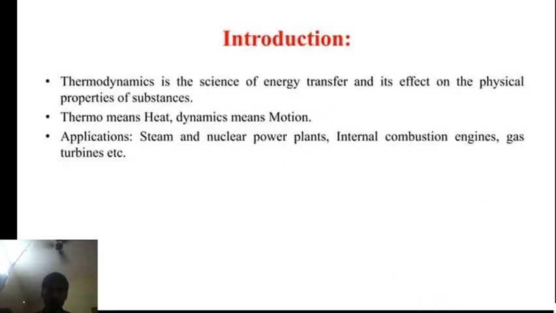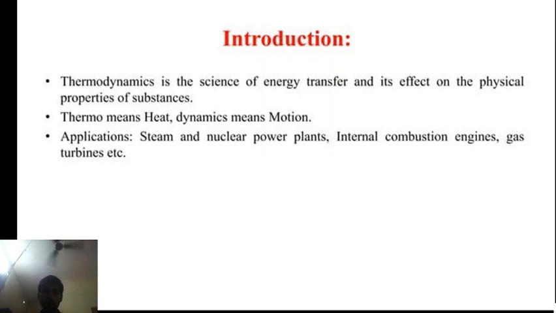So first of all, thermodynamics, the basics of thermodynamics. Thermodynamics means the motion of temperature or heat, or we can call it heat transfer.